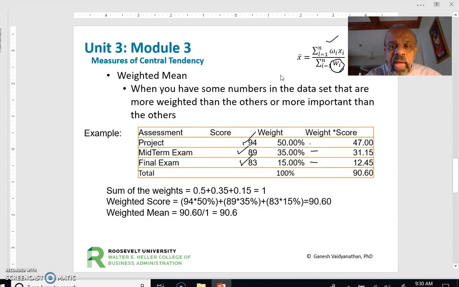So this is the total weight. The total weight is 100% because 50 plus 35 plus 15 is 100%. The sum of the weights is actually 100%, which is actually 1, right? 100% is 1. So we have done this in basic math. You remember? The same thing we are doing here.